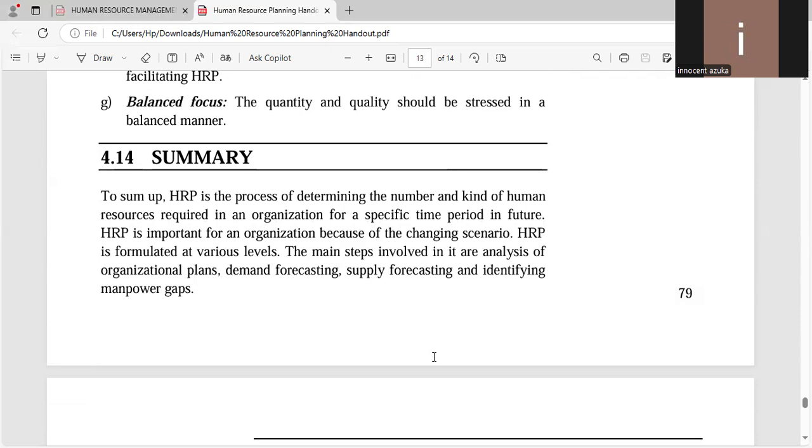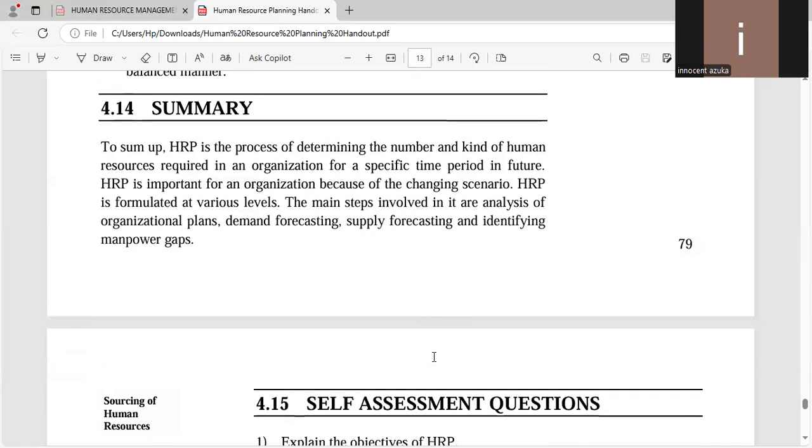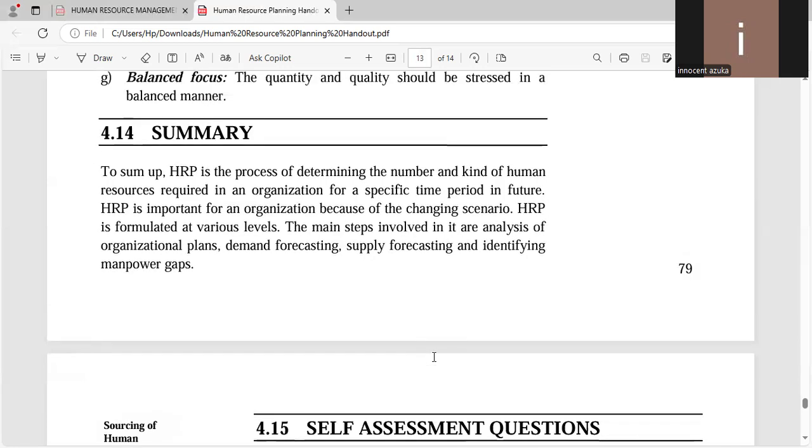Human resource planning is formulated at various levels. The main steps involved are analysis of organizational plan, demand forecasting, supply forecasting, and identifying manpower gaps.